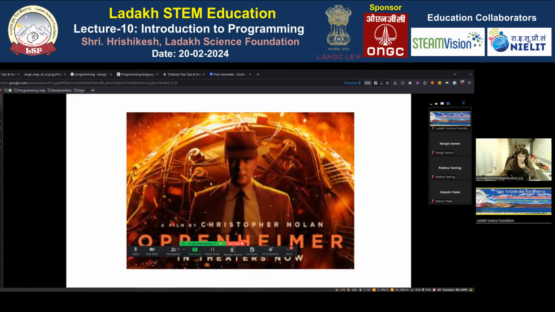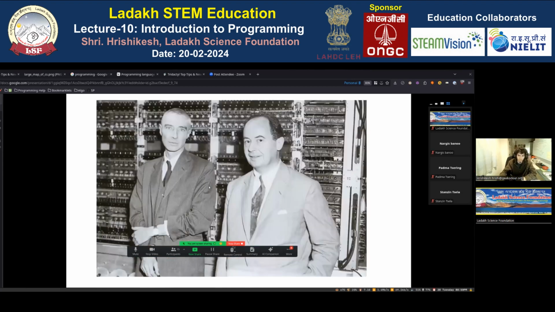The protagonist of this movie is Oppenheimer. He was the main person leading the Manhattan Project. And the person next to him is John von Neumann. He was the main person who designed the computer which did all the military calculation needed during wartime.